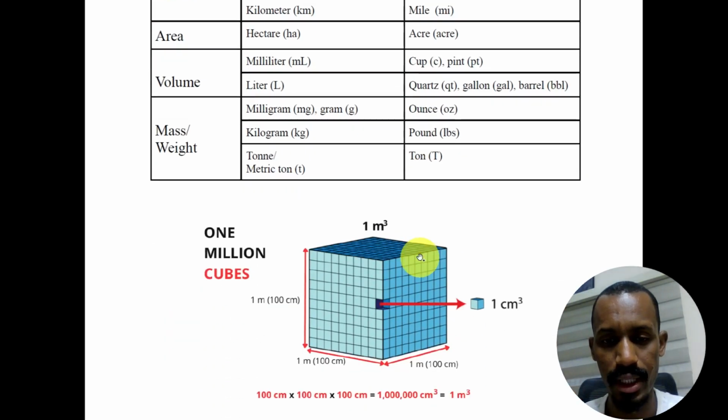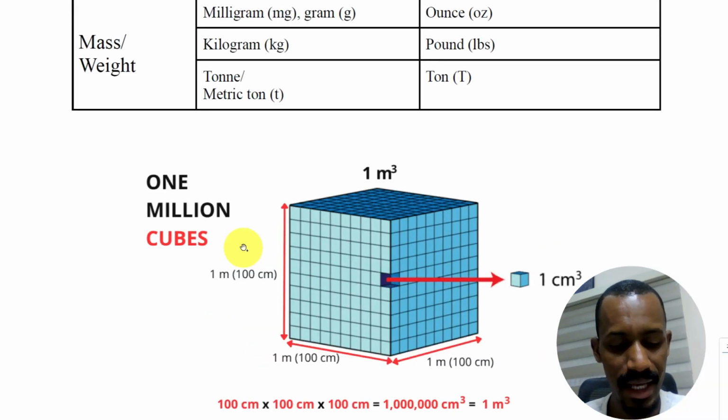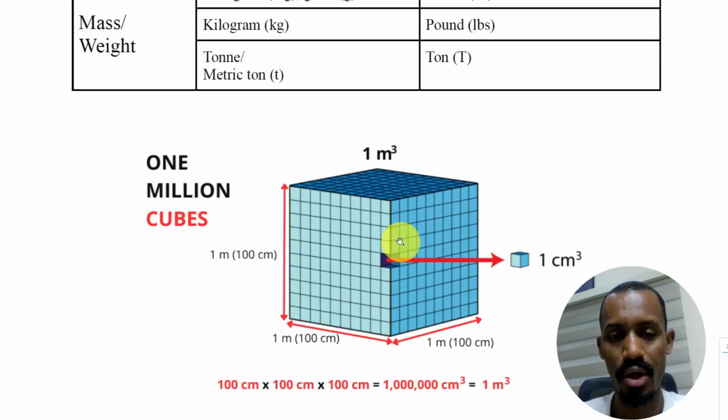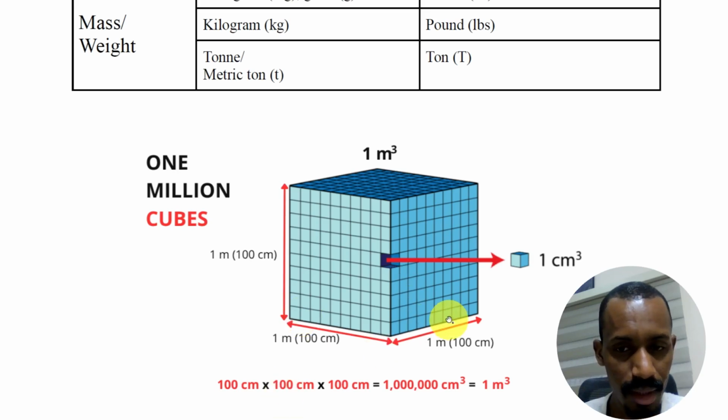So now we know that, okay, for example, also 1 million cubes. I made this diagram here to show you what that means. If you have a one cubic meter, 1 cubic meter means 1 meter by 1 meter by 1 meter. Imagine how many 1 centimeter cubes make 1 meter cube. 1 meter is 100 centimeters.